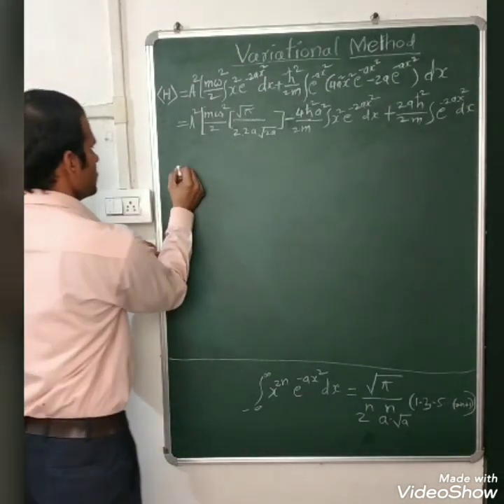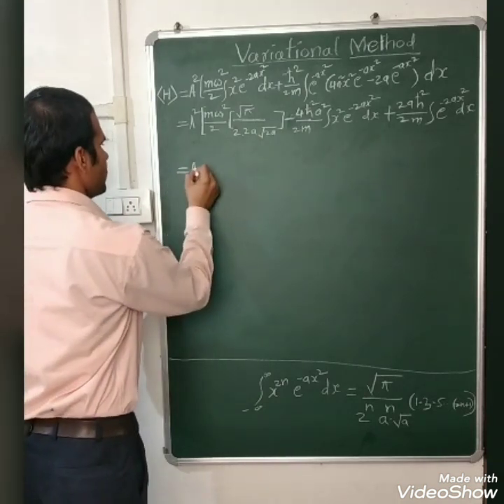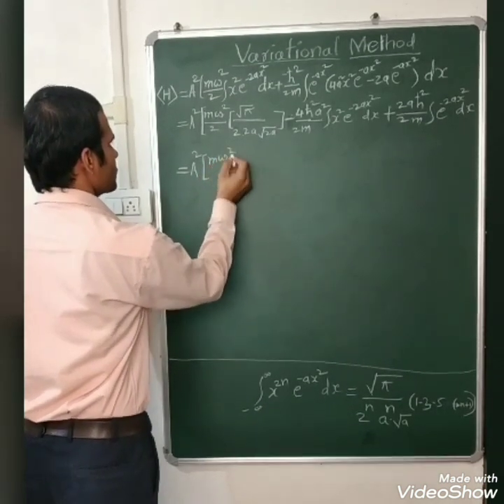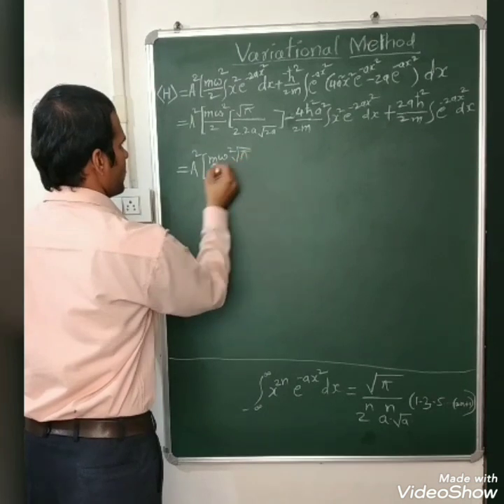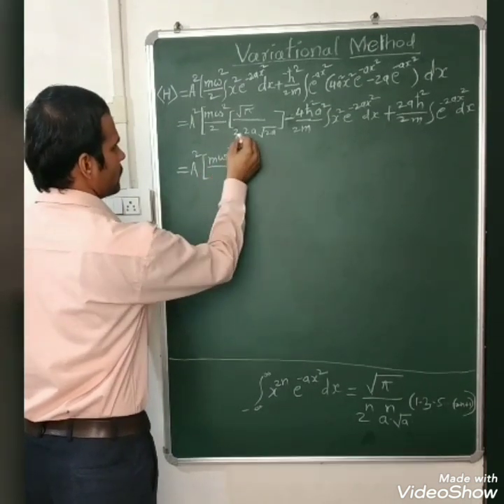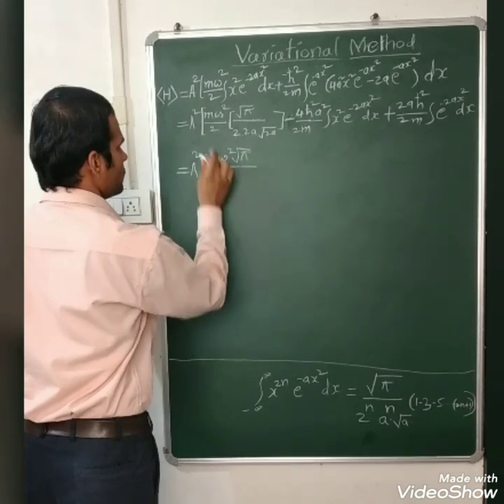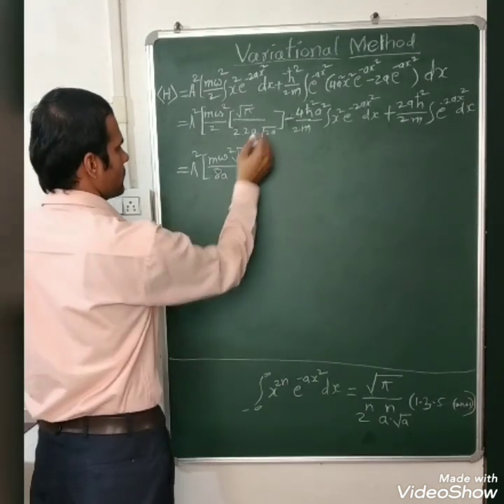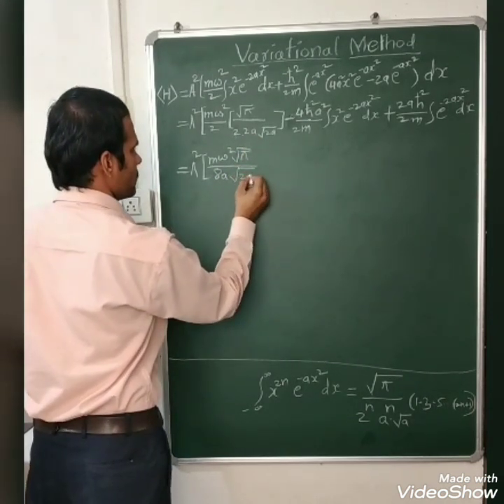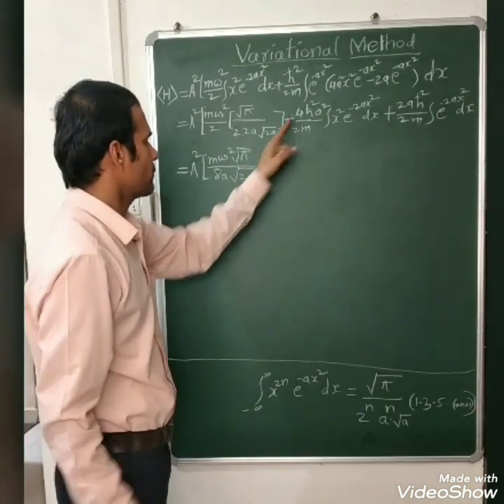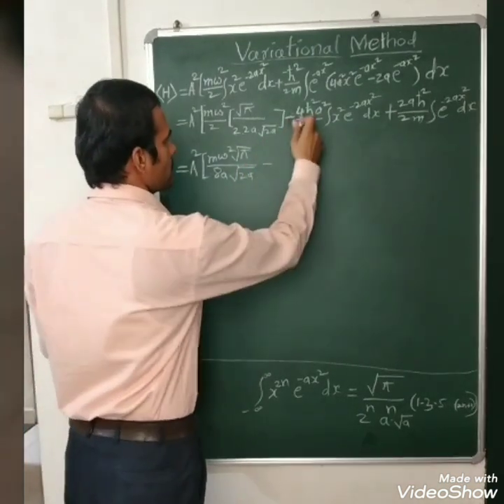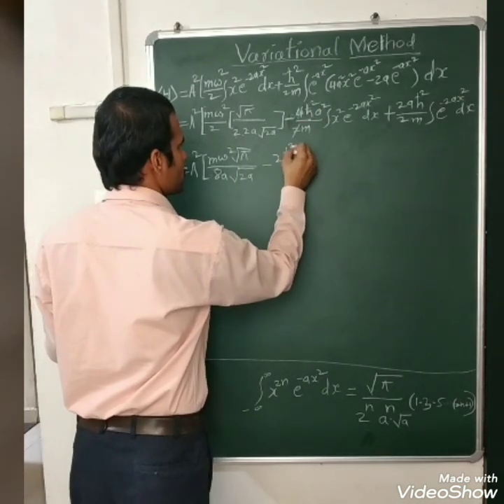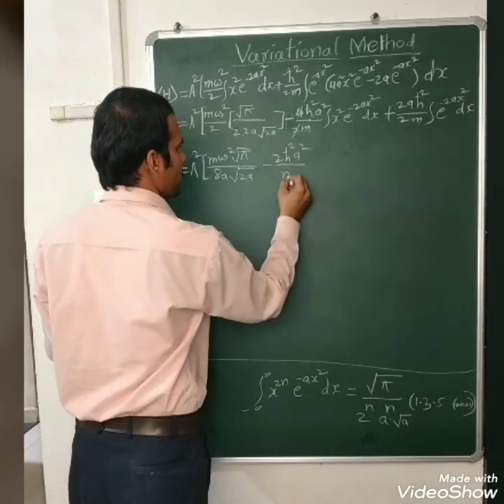Now in the next step we can write again a square m omega square, square root of pi divided by 2 into 2, 4 into 2, 8a and square root of 2a, this minus 2 cancels, so 2h cross square a square by m.